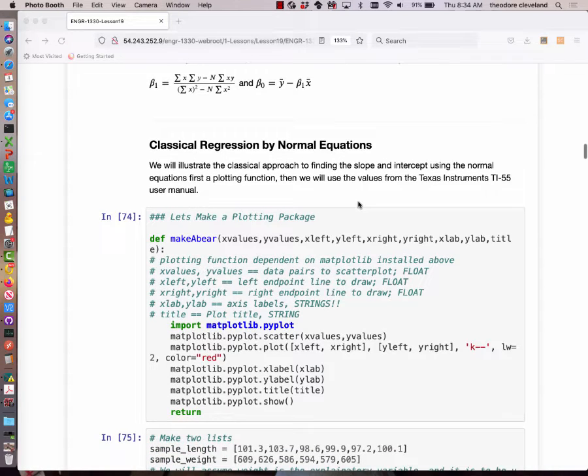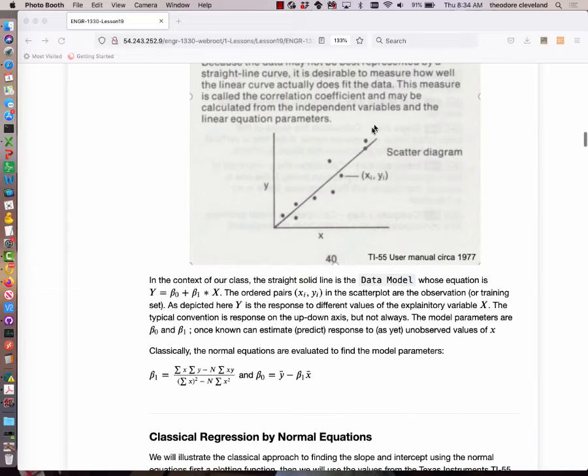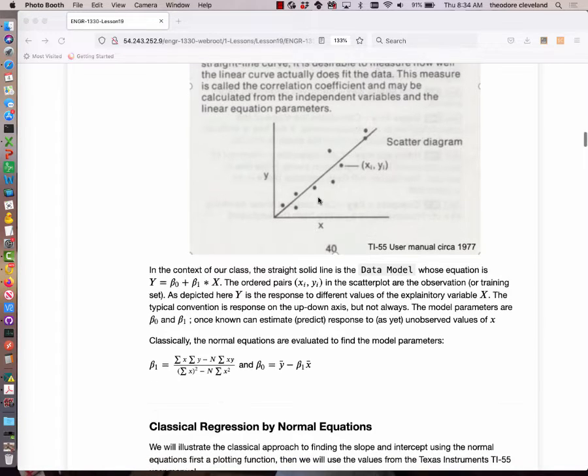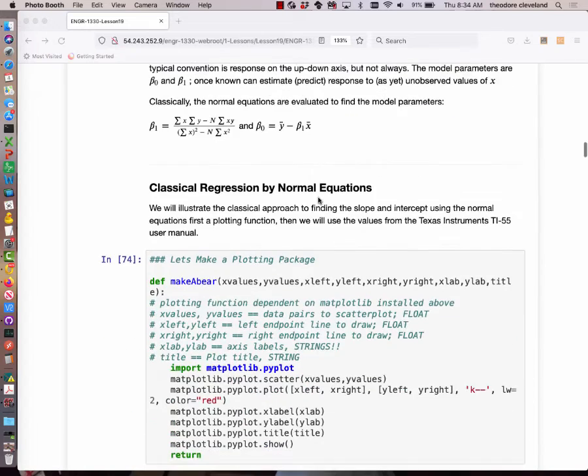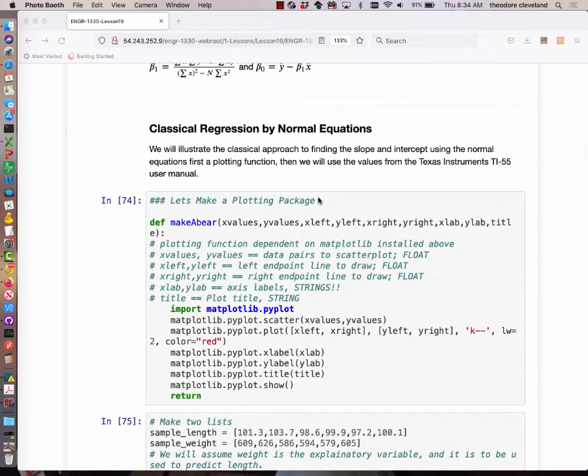So let's look at, I actually have the actual data from the user manual circa 1977. And so we will use that and we'll illustrate regression by the classical normal equation approach. I'm going to go through it quickly. There's a lot of scripting here that nowadays is somewhat superfluous.